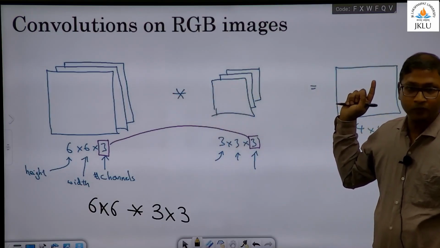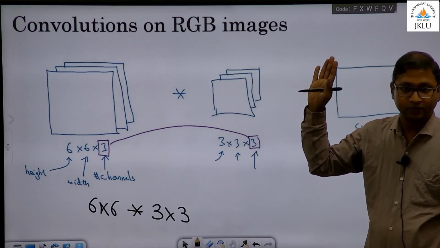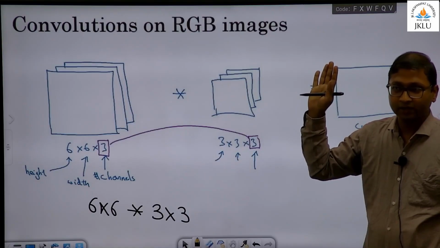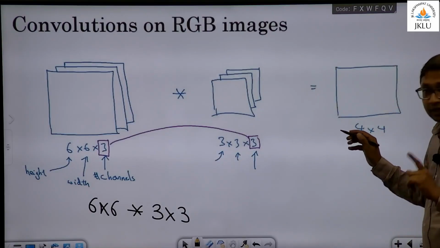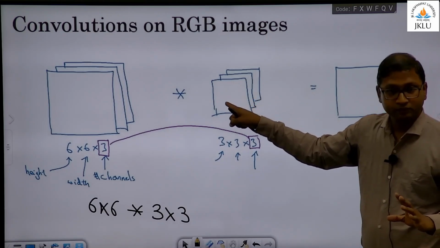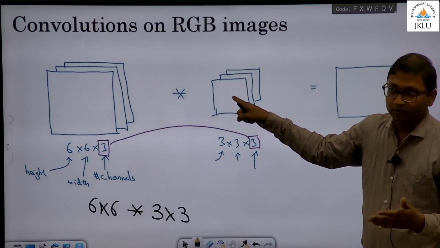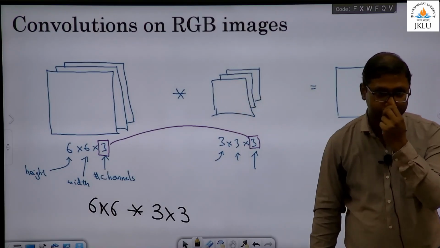So 9 into 16. Is this number clear? So it will basically be output size cross filter size, I mean the number of elements in the filter. Is that fine?